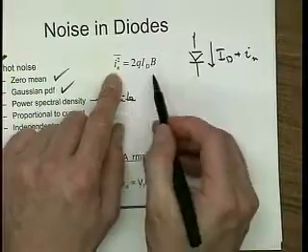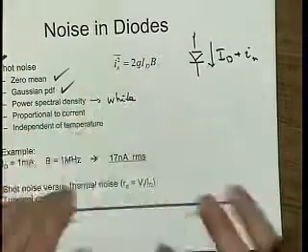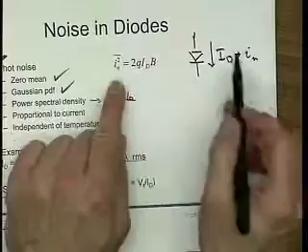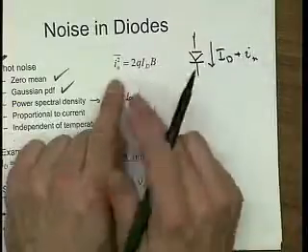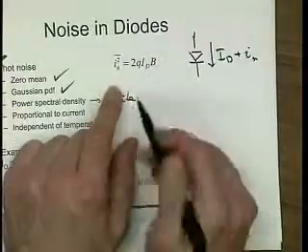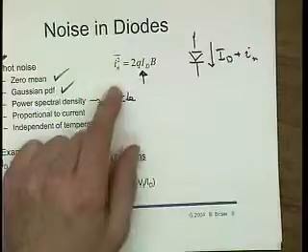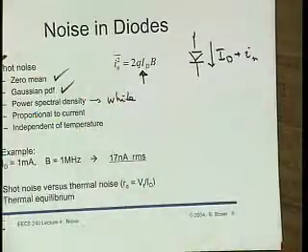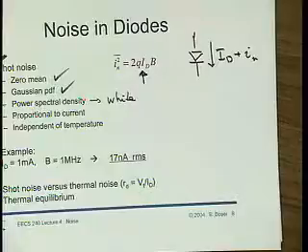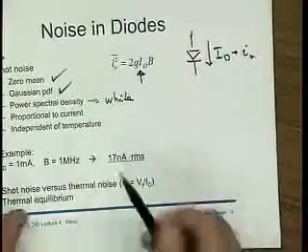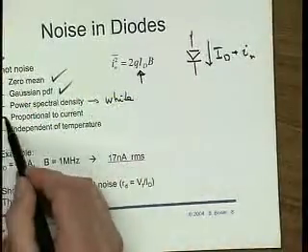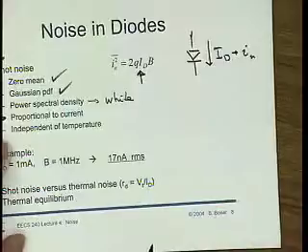And the power, again in amp squared, of this noise component is given by this expression, and it is proportional to ID. So if you have a diode and you don't run any current through it, then you don't get any noise from it. Good. Different from a resistor. So it's proportional to current, and it's independent of temperature.